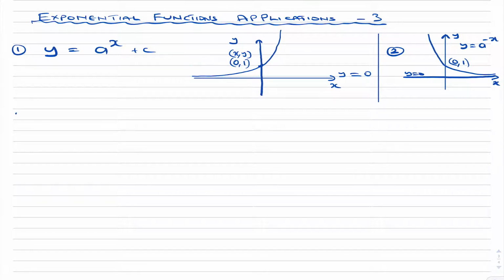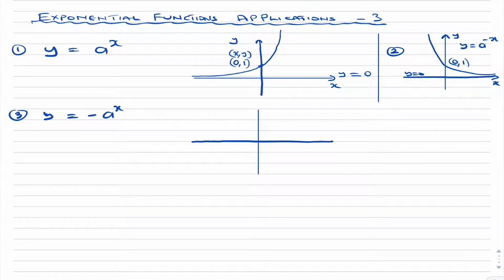Now, number 3 graph will be, we need to just stick a minus in front of those functions, and then we can get those graphs. So y equals minus a to the power x plus c. Remember, c is 0, so the line of asymptote will be y equals 0. And the graph looks like this. This is a reflection on the x-axis.